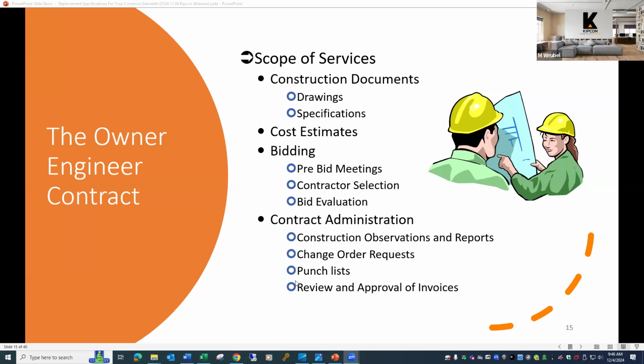Again, I want to stress that the engineer is not responsible to tell the contractor how to build something. What the engineer's presence on site is intended to do is look at the work in progress and compare it to the specifications that had been prepared.